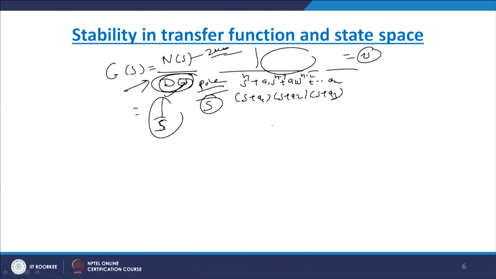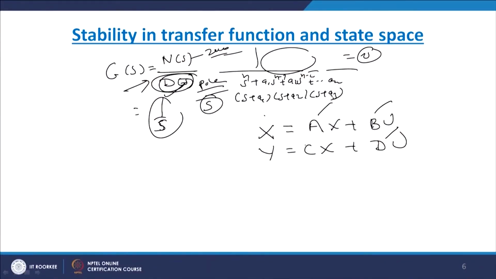Now coming to state space, how do we check the stability of the system in state space? Just see here, we have x dot equal to Ax plus Bu, this is the plant, and the output y equals Cx plus Du. Now in order to check the stability, which element do we take? We can take A, B, C, D. On which element does your stability depend?